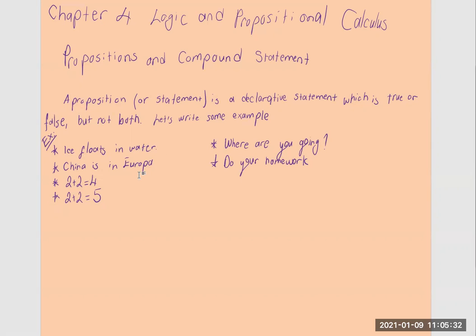And China is in Europe also, there is some statement or proposition. And here is also 2 plus 2 is equal 4. This is also a proposition or statement. So you will say these 4 are propositions.